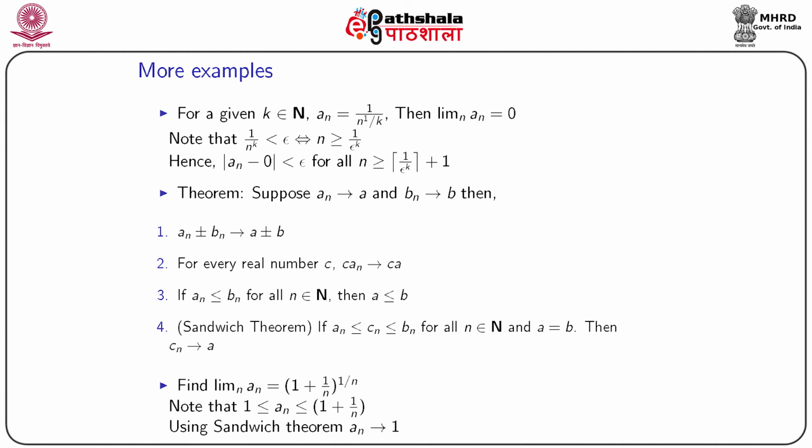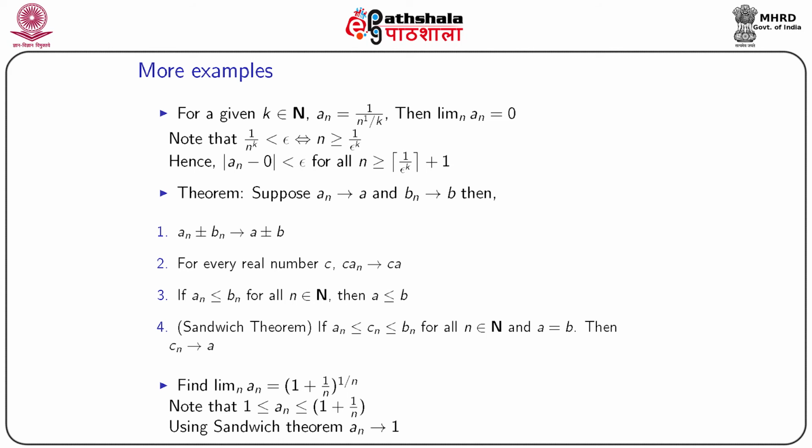It says if cn is in between an and bn, that means an less than or equal to cn less than or equal to bn for all n belonging to N, and a is equal to b, that means both the extreme sequences an and bn are converging to the same number, then the sequence which is in between will converge to a. That means cn is converging to a.